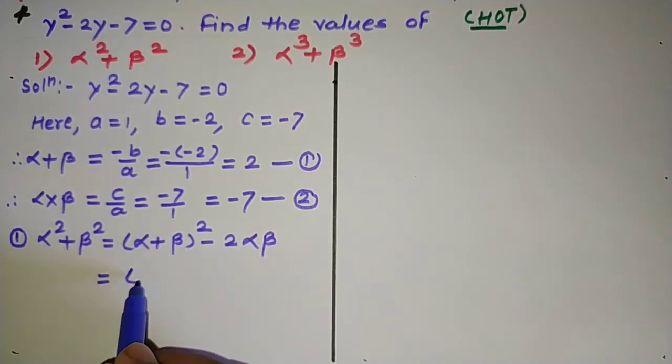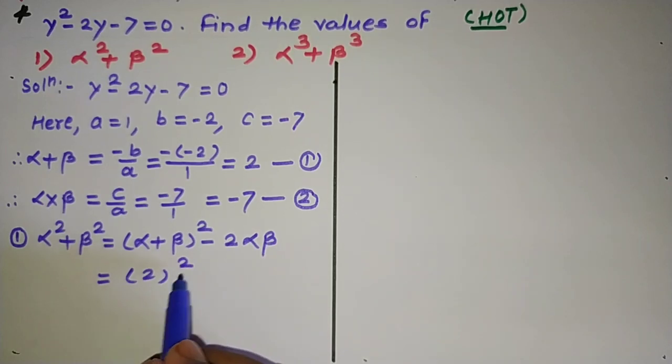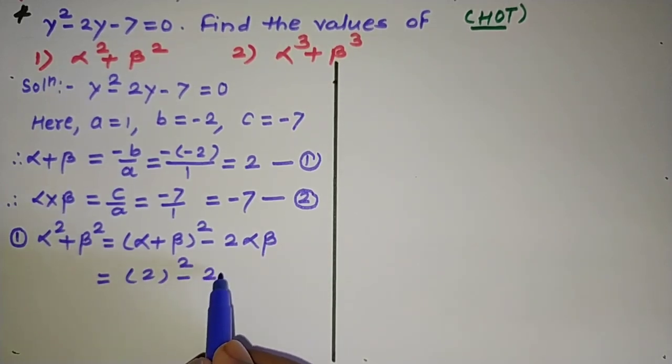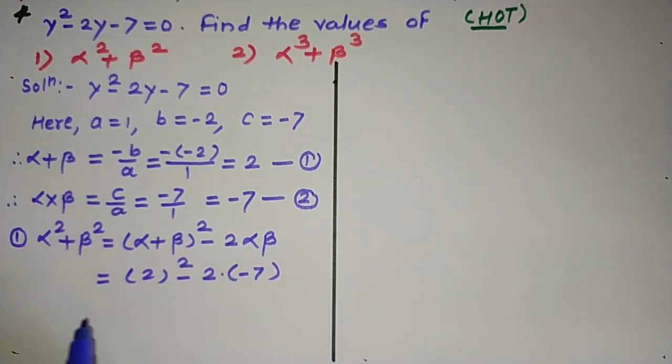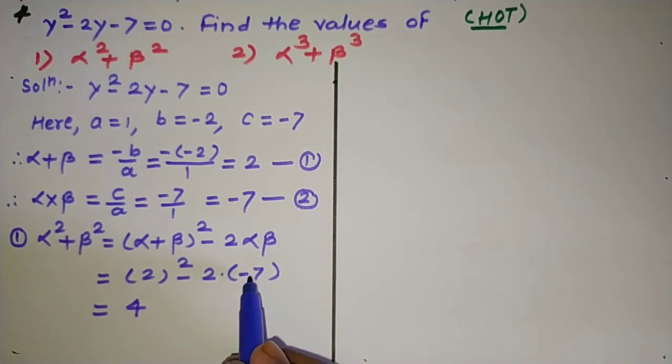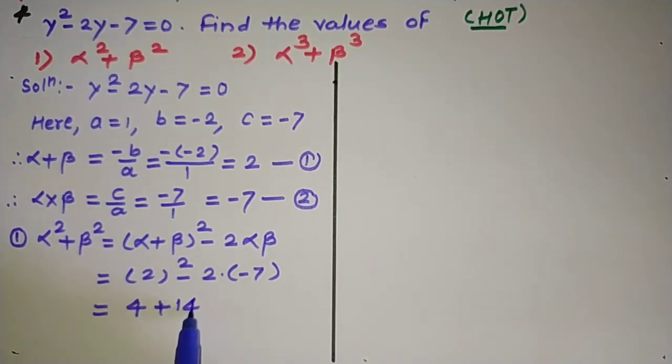Alpha plus beta is equal to 2, square, minus 2 into value of alpha beta minus 7 is equal to square of 2 is equal to 4 minus minus plus 7 twos are 14, is equal to 14 plus 4, 18. The alpha square plus beta square value is 18.